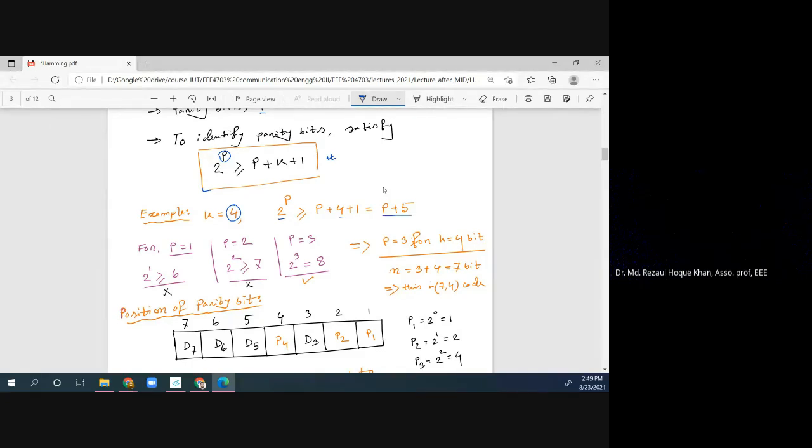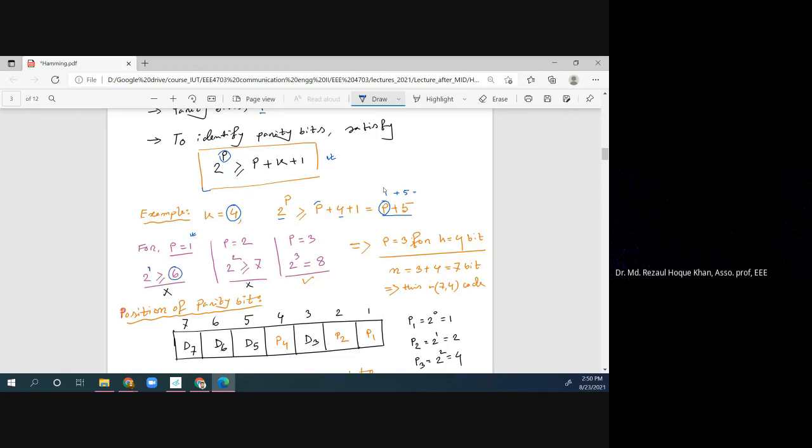Now we do not know the value of P here. Imagine P is 1. So 2 to the power 1 is 2, and 1 plus 5 is 6. Is 2 greater than or equal to 6?